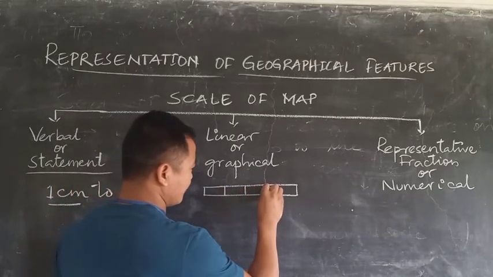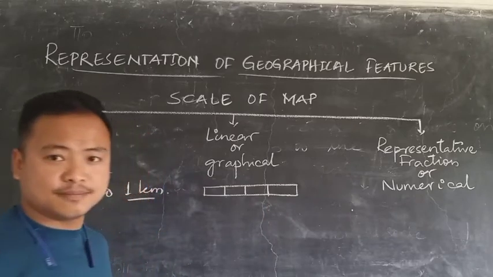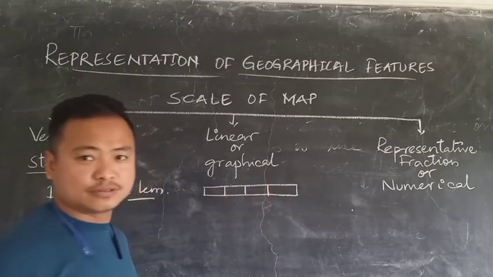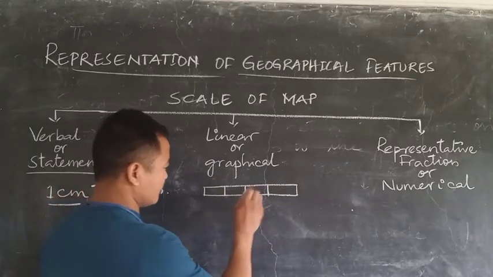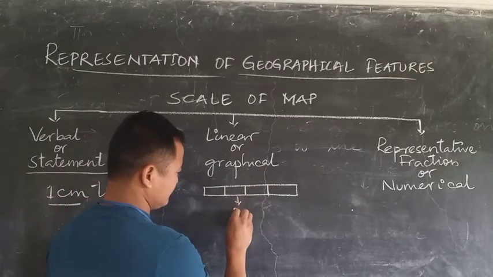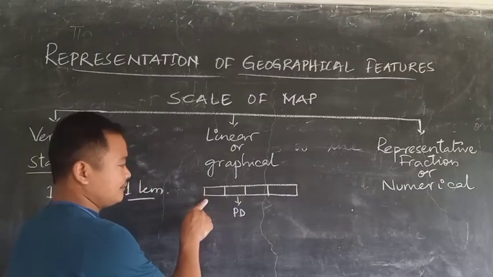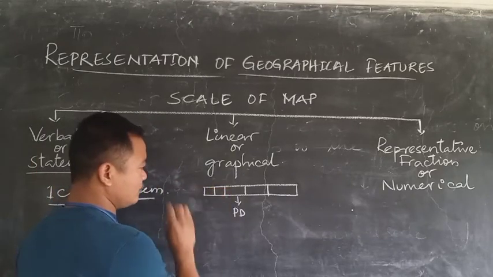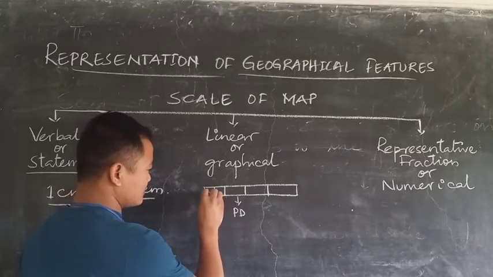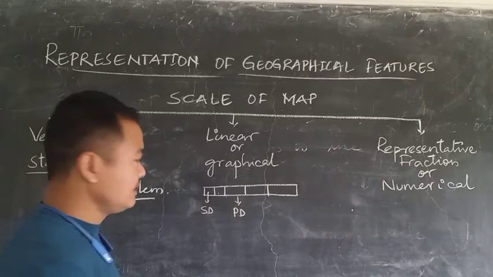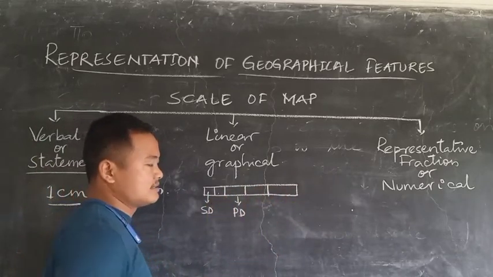It is drawn like a box-like structure, which is further divided into small boxes. These small boxes are known as primary divisions. One of the primary divisions is further divided into two parts, and these two parts are known as secondary divisions. Now each of these divisions helps us in understanding the map.